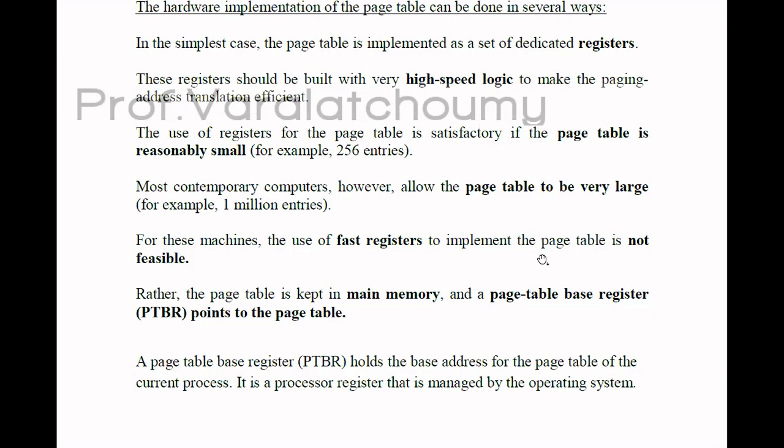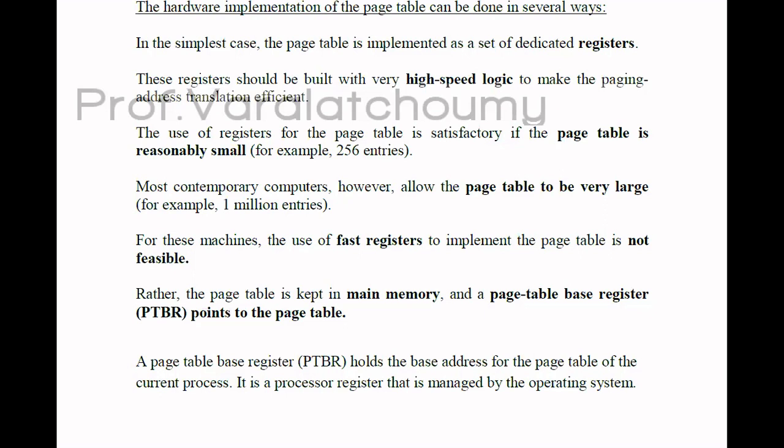So in order to overcome this problem, the page table base register was developed. The page table base register just stores a pointer to the page table itself. Let's try to correlate things now.